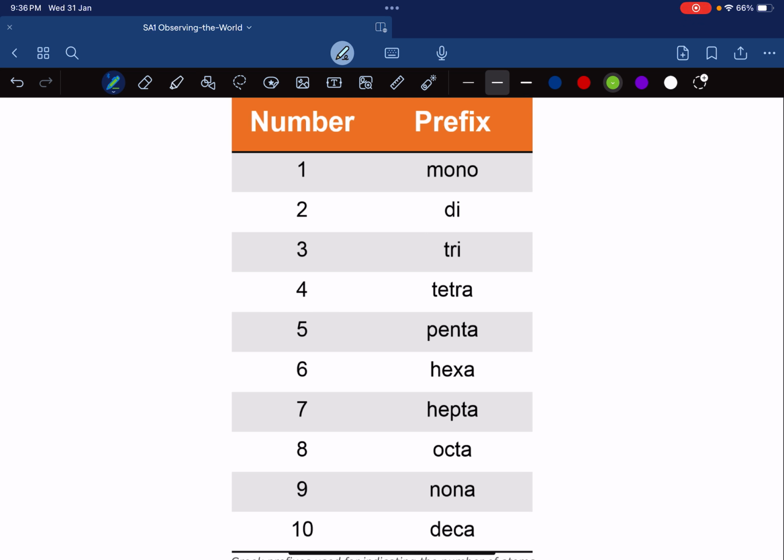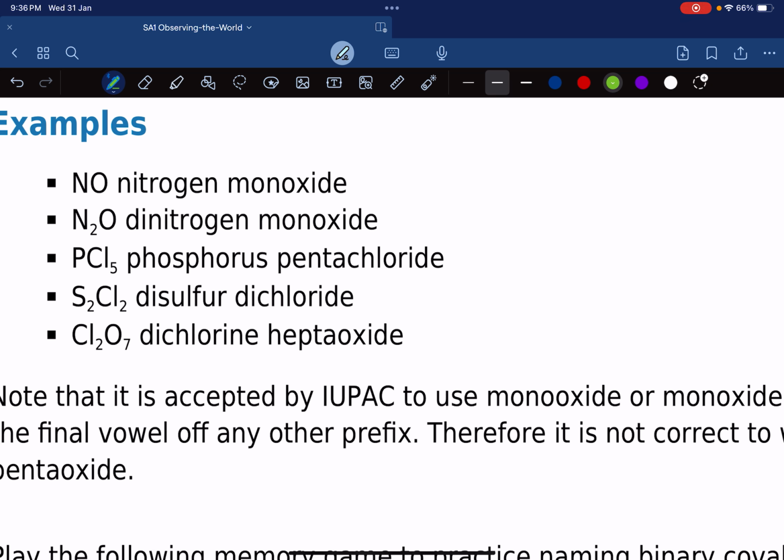Here comes the naming. Look at this example here. All of these are examples of binary covalent compounds. Again, I repeat, binary means it's just made up of 2 elements, 1, 2. Every case here is just 2 different types only. That's why we call it a binary covalent compound. Let's look at the naming process.